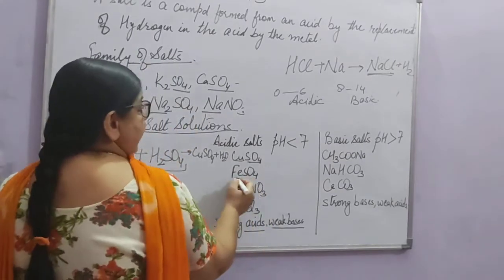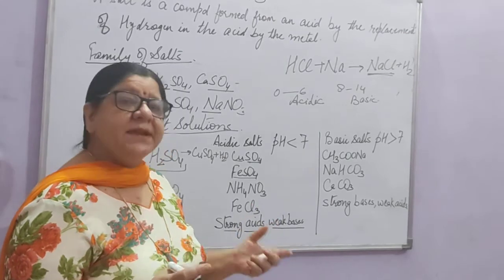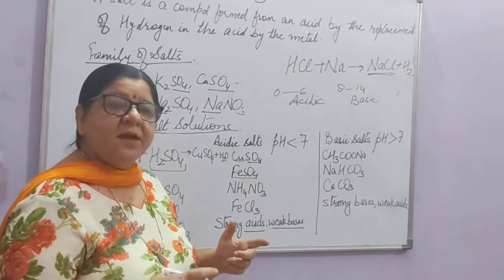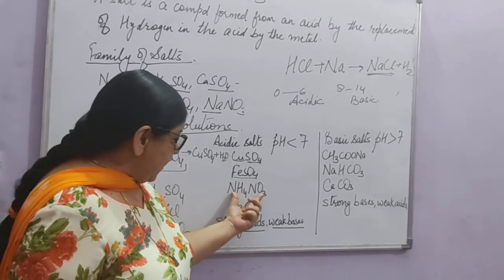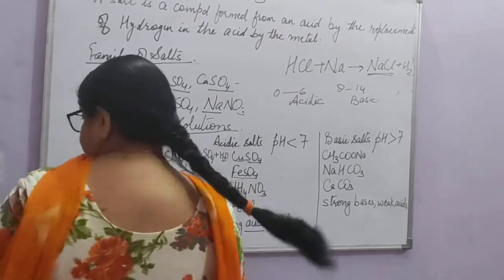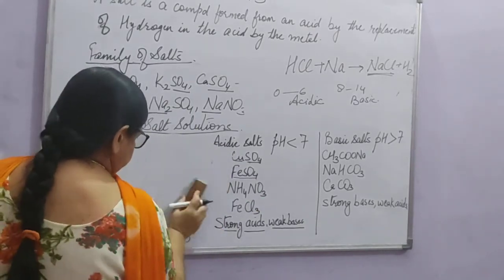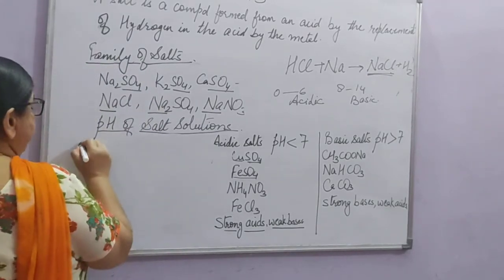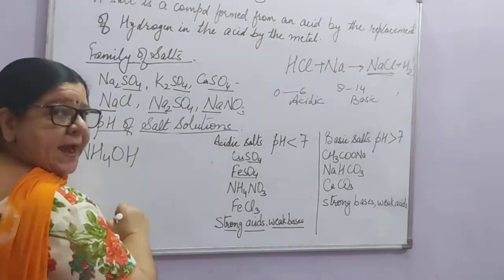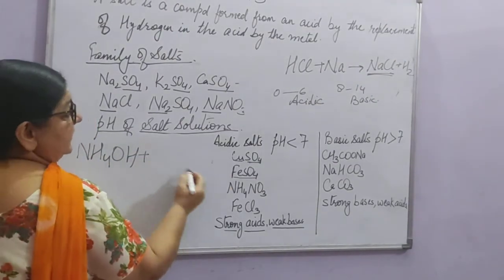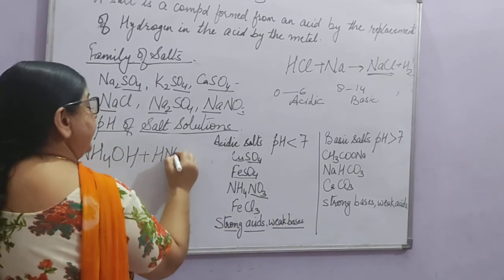Same way if we take FeSO4, again iron sulfate, iron hydroxide is a weak base, while H2SO4 is a strong acid. Now ammonium nitrate, NH4NO3. This is NH4OH, that is ammonium hydroxide, plus it is NO3 written here, that means the acid is HNO3.